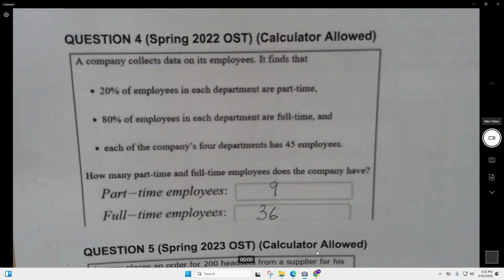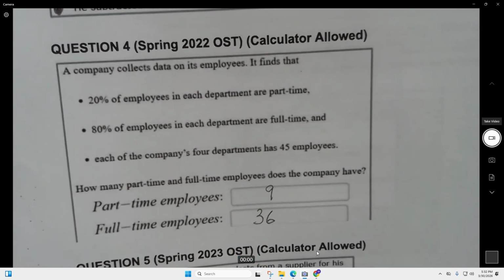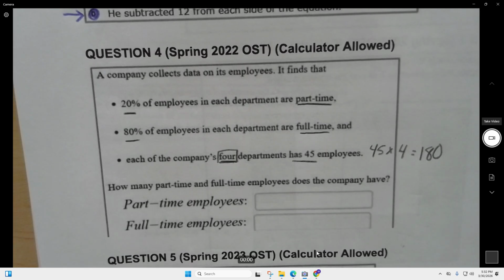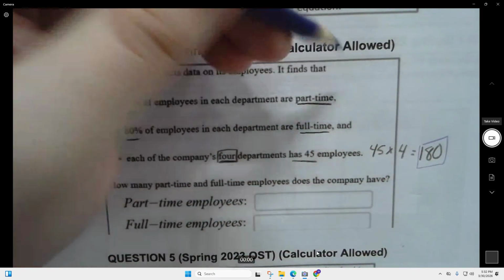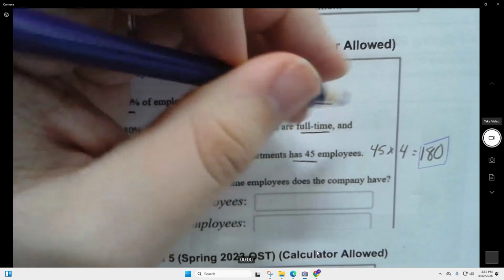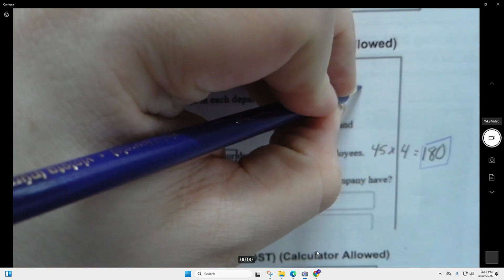I can show you right now. This is my practice copy that I did before I started recording. 9 and 36. Here's what the answer actually is. First, we need to find 20% of 180. To find 20% of something, we have to convert percent form to decimal form.